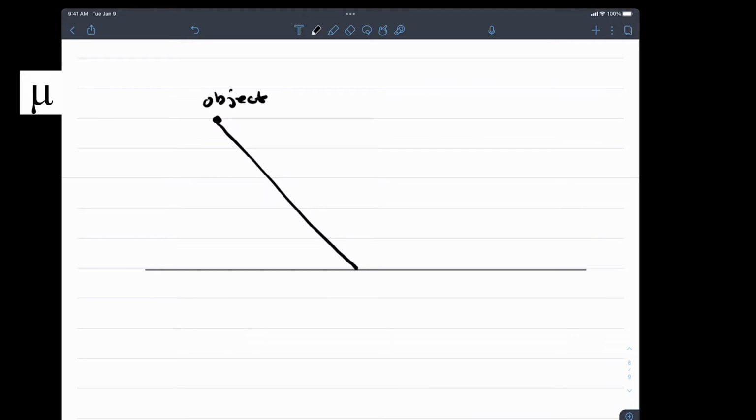So what I'm going to do now here is I'm going to draw some pictures here. And I'm going to put over here, this is an object here. It doesn't matter what that object is. And we're going to try to actually think about how we can answer these questions, okay?